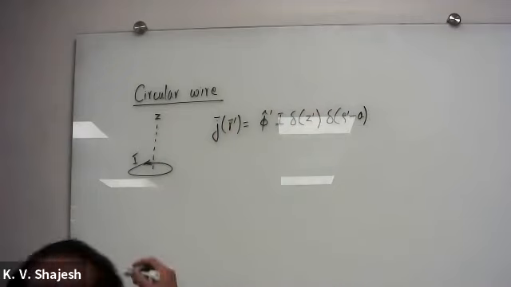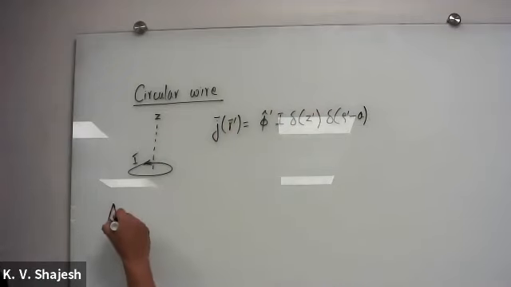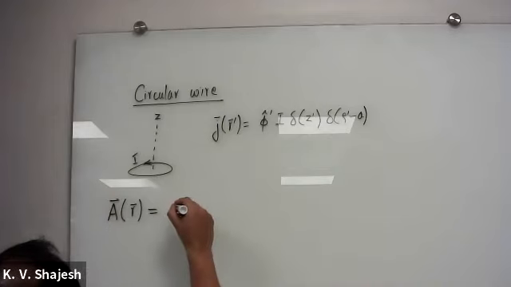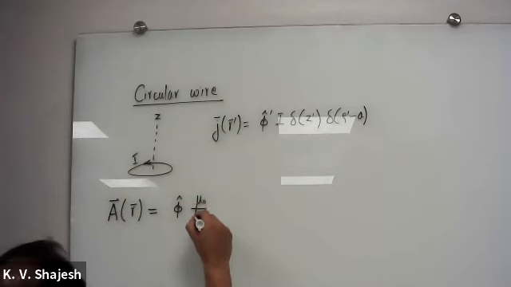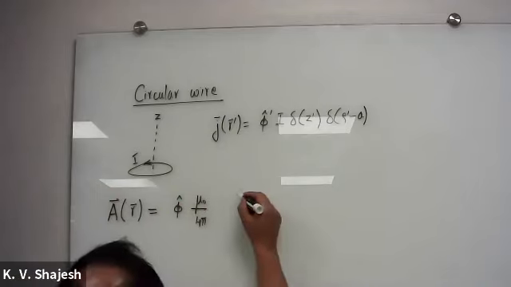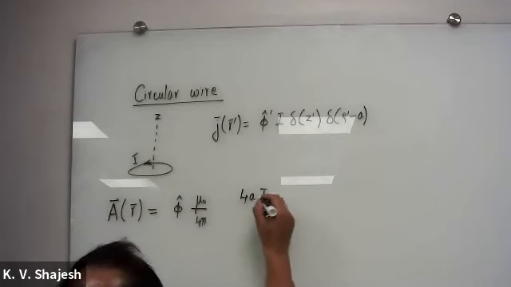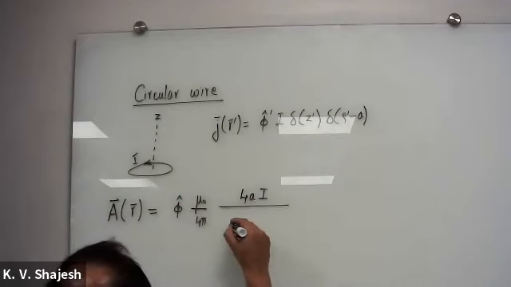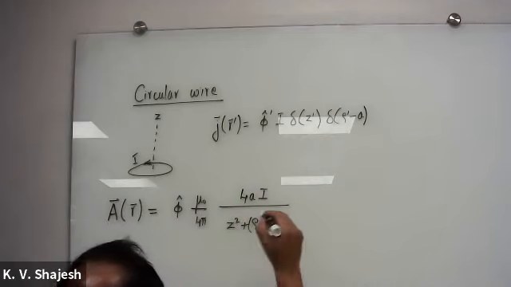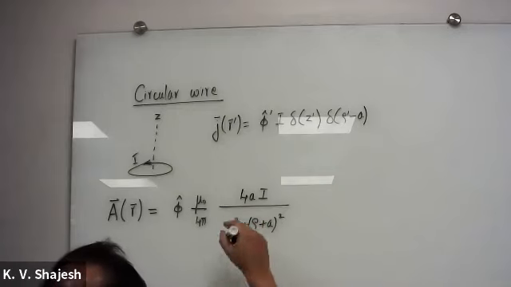And we got the vector potential exact expression: A is equal to phi hat, for sure, mu naught over 4 pi, and then there is this 4aI over the square root of z squared plus rho plus a squared.